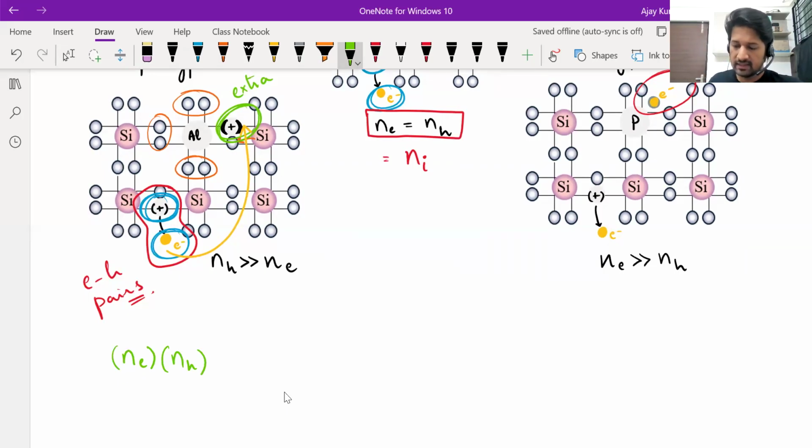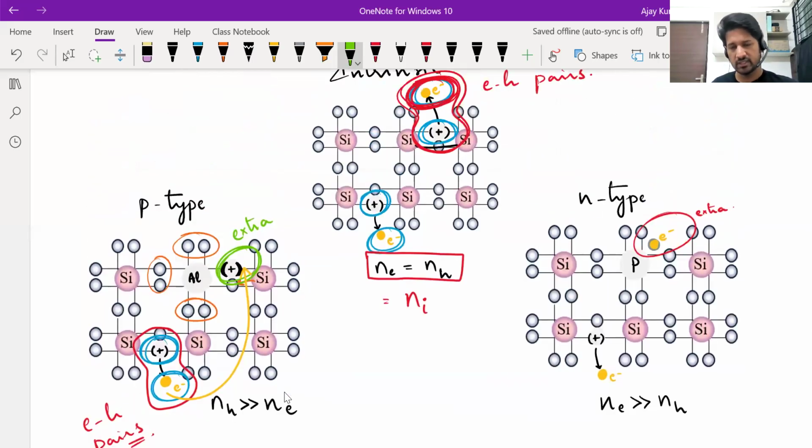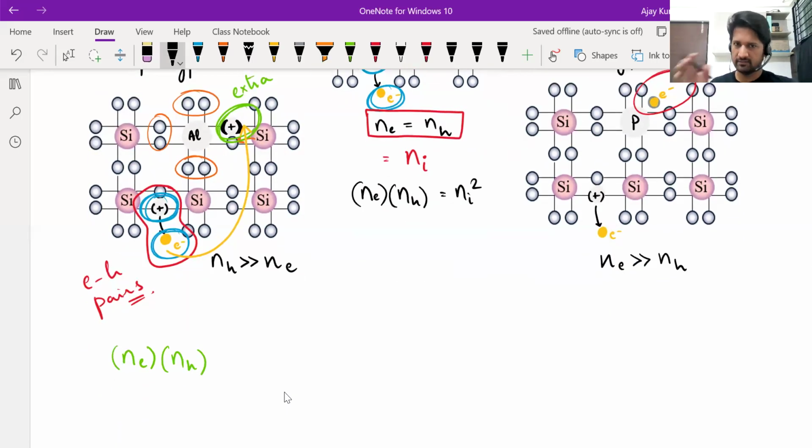In the intrinsic semiconductor, the concentration of electrons was equal to the concentration of holes, which we called Ni. So if you multiply them, Ne multiplied with Nh, you get Ni squared. Even in an extrinsic semiconductor, even after doping, the product of electron and hole concentrations will be equal to Ni squared itself, whatever it was in the original intrinsic semiconductor.